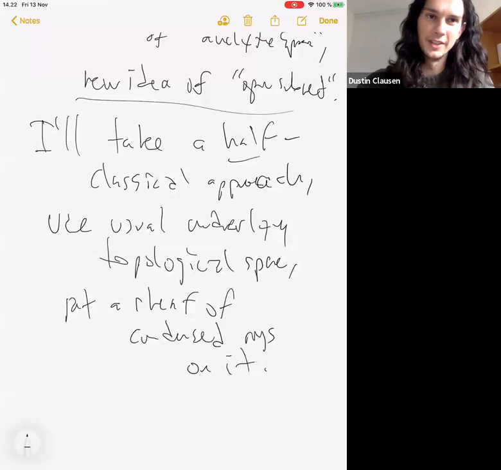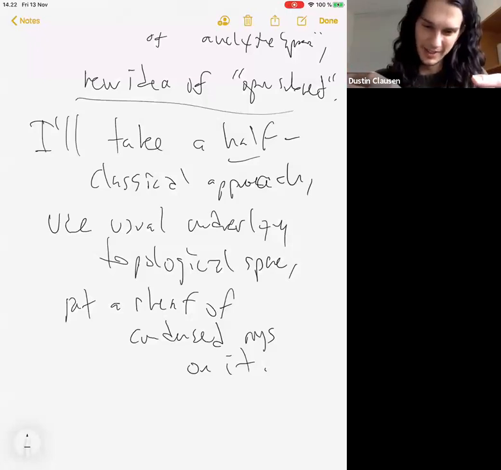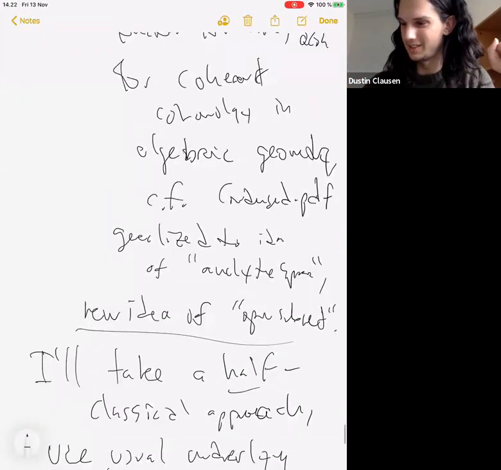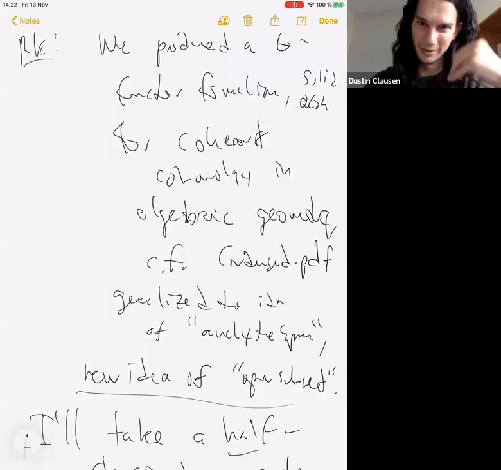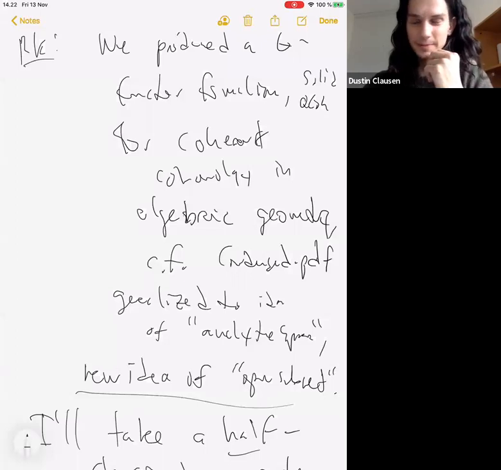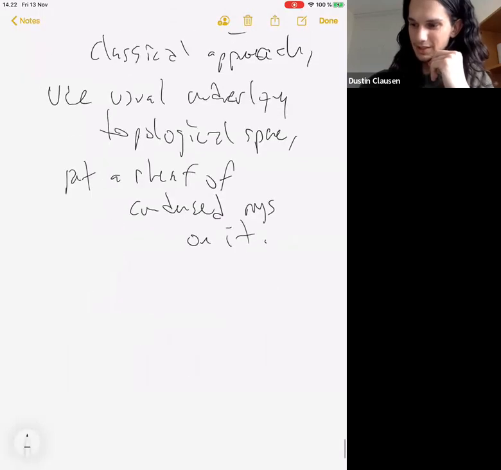Yeah, so it's half classical in the sense that the topological space is going to be classical, but the structure sheaf is going to be condensed, in fact, liquid. Whereas in this kind of stuff that Peter talks about in his notes, both the topological space and the structure sheaf, so to speak, are new sorts of objects. But this also gives me an excuse.